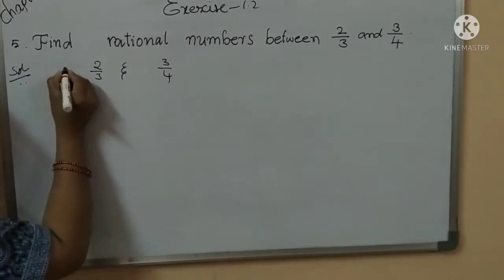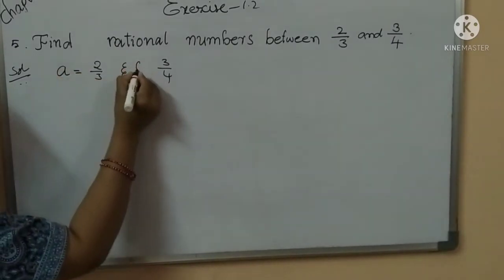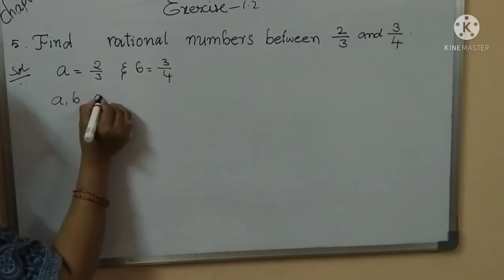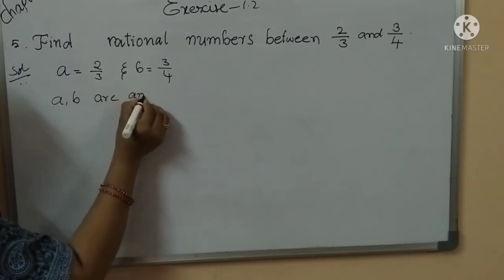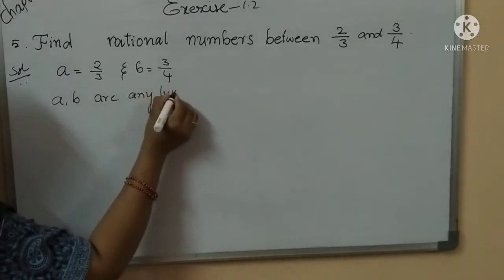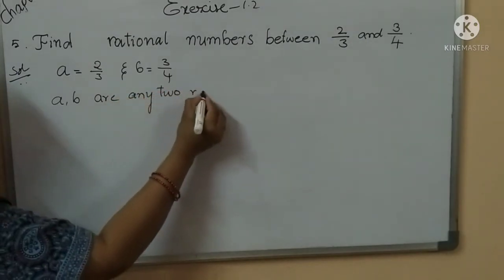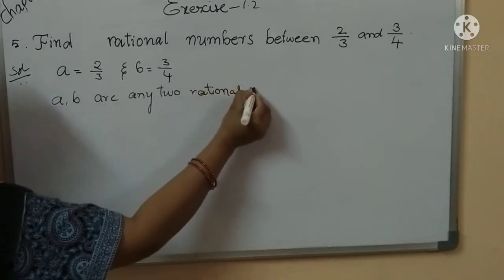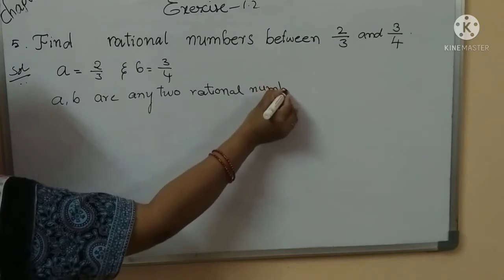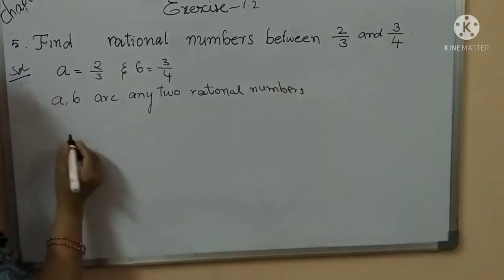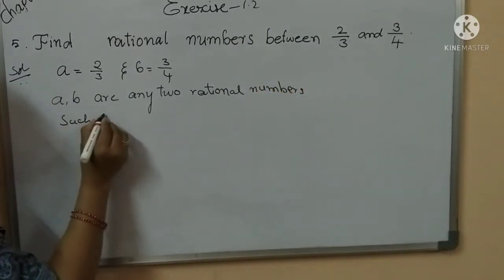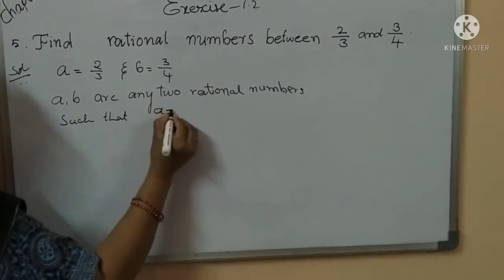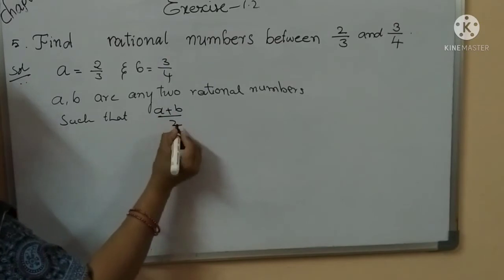So here, take a and b. Write: a, b are any two rational numbers, such that (a plus b) by 2.